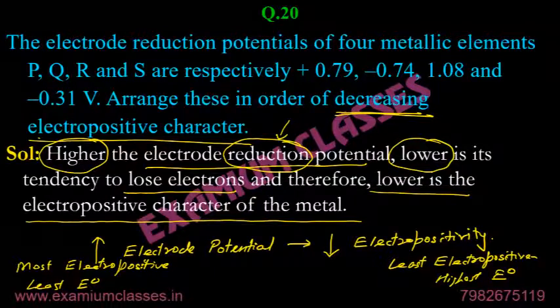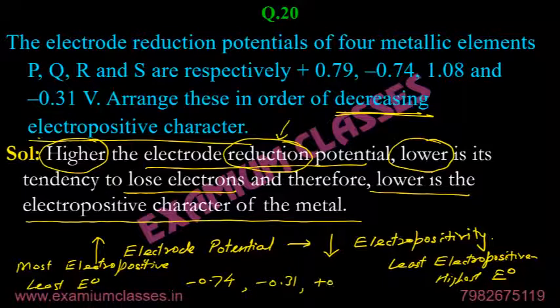So arrange these. If you arrange from least to highest, it will be minus 0.74, minus 0.31, plus 0.79, 1.08. Clear?